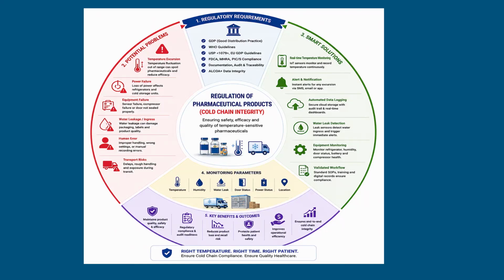The most common problem in this area is the excursion, which occurs when the storage temperature moves outside the permitted range. These medications may spoil. So a vaccine stored above its recommended temperature may lose potency and become ineffective.